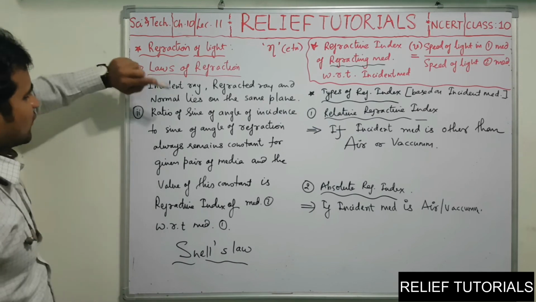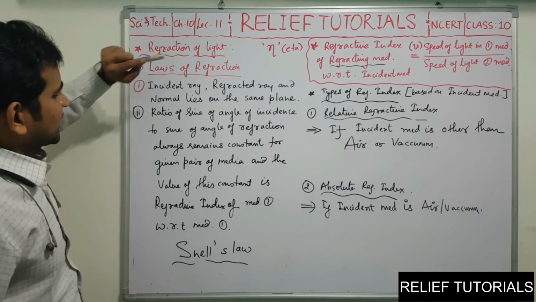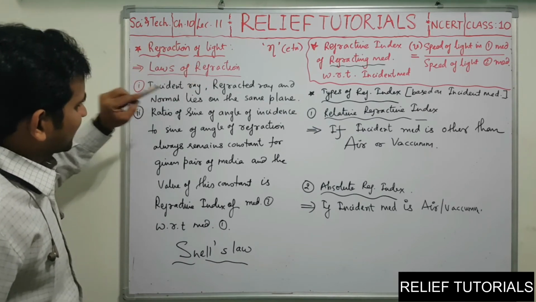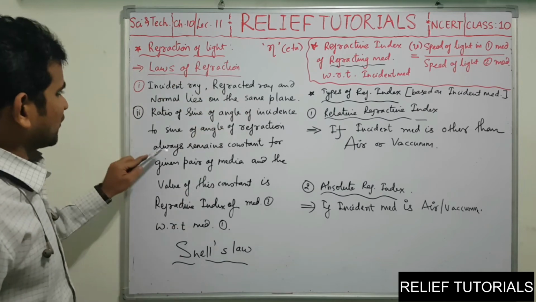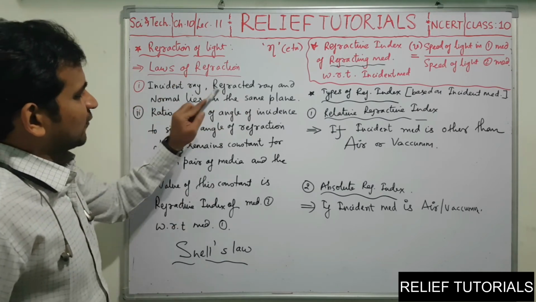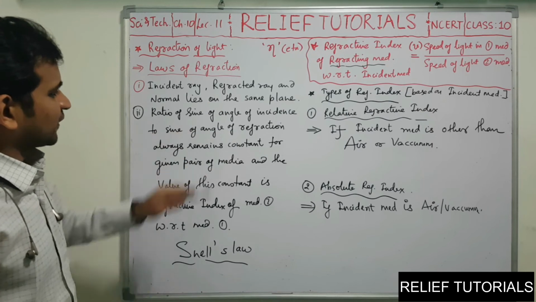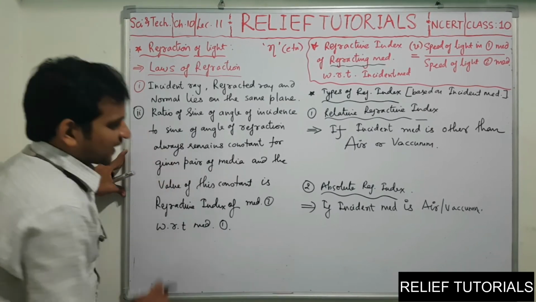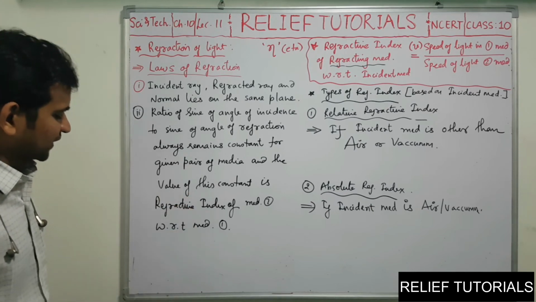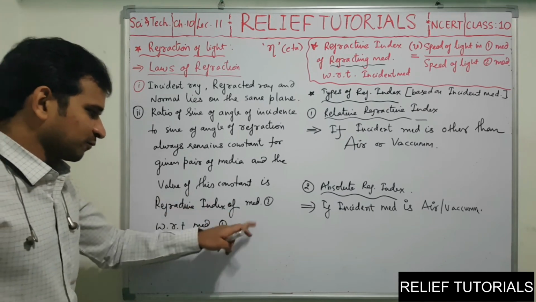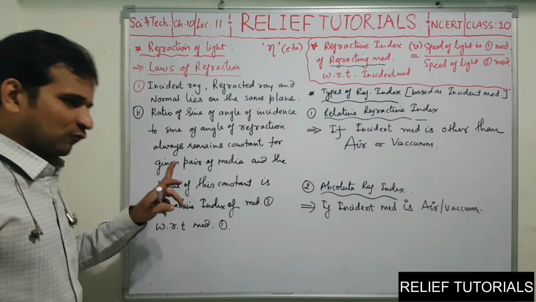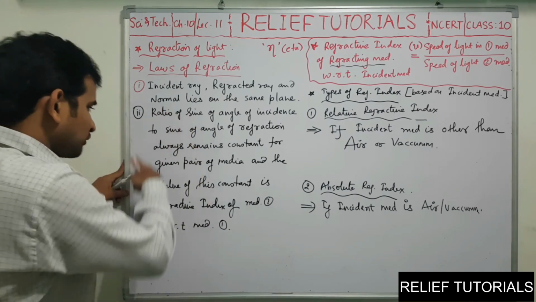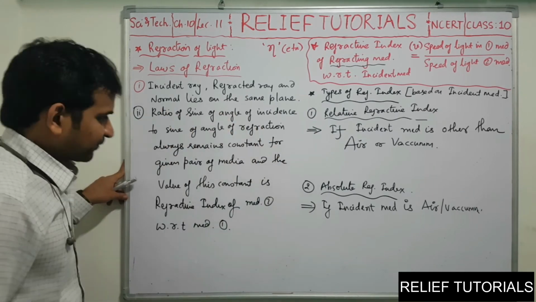So these are the two laws of refraction. First one, incident ray, refracted ray and normal lie on the same plane. And second law, ratio of sine of angle of incidence to sine of angle of refraction always remains constant for a given pair of media, and the value of this constant is refractive index of medium 2 with respect to medium 1. Now let us write the whole statement in mathematical form.